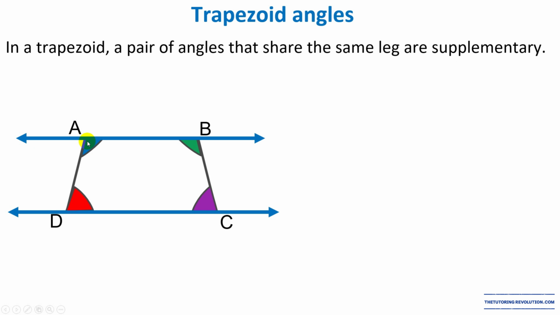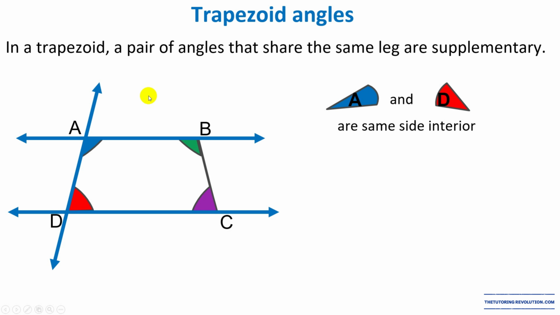So here, A and D, for example, share this leg here, the non-parallel side. If we draw two parallel lines across the parallel sides and a transversal here, we can appreciate that A and D are same side interior angles. If you want to learn more about same side interior angles, check the presentation on parallel lines and transversals.